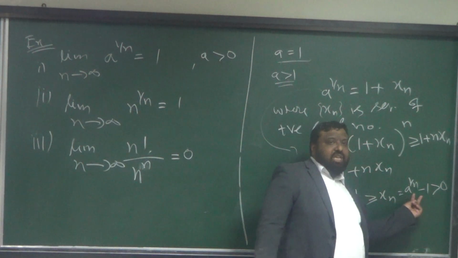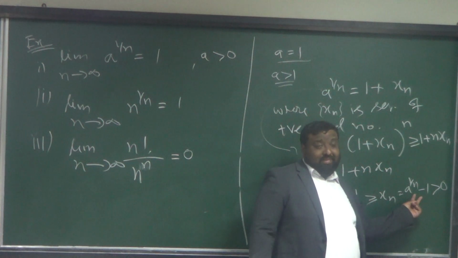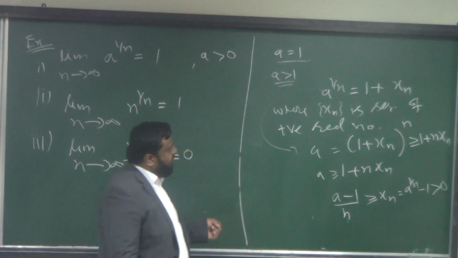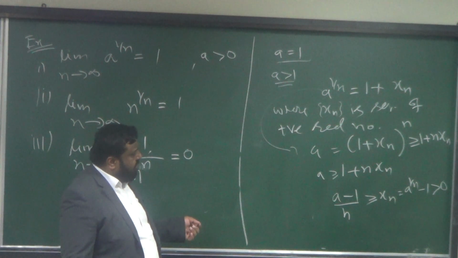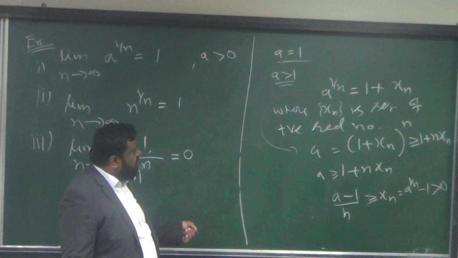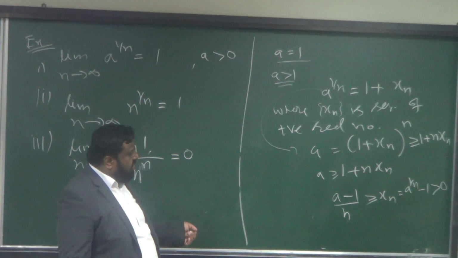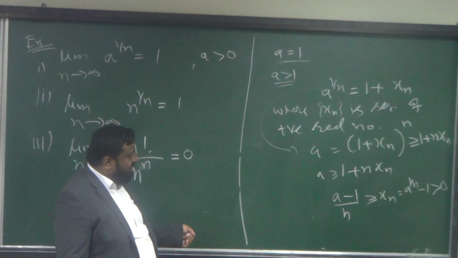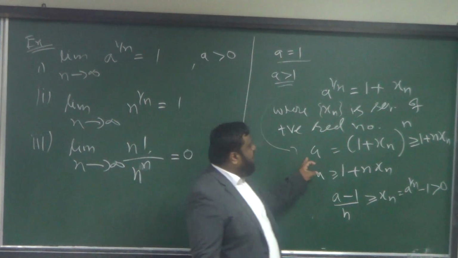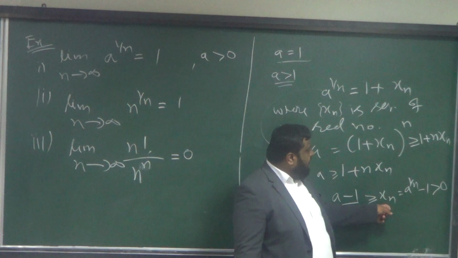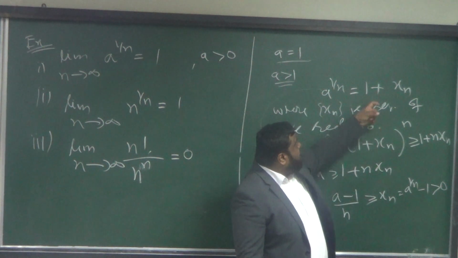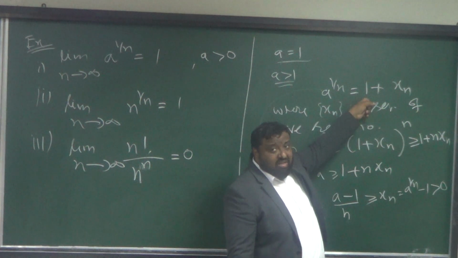If I treat this as a sequence, Sir, you have taken the value of xn up. Yes, beta, xn is A raised to 1 over n minus 1. Where did the equality go? Greater than or equal to xn. When I'm saying that A minus 1 divided by n is greater than or equal to xn, but xn is A raised to 1 over n minus 1, that is equality.